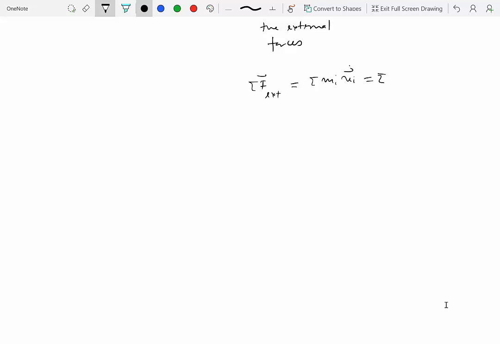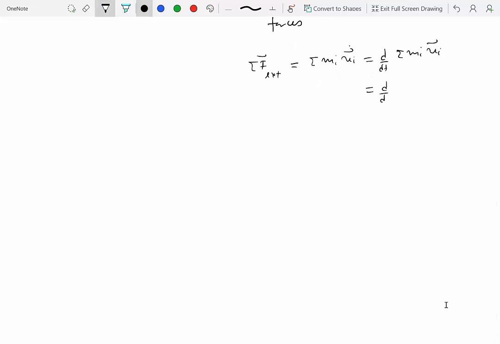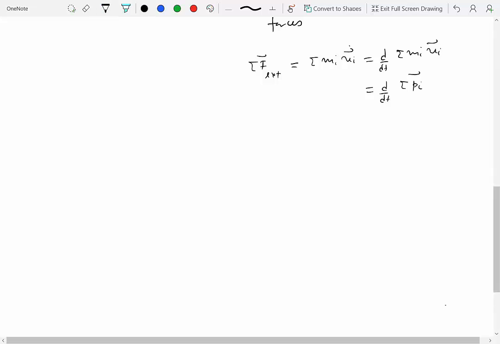Again, if this is a closed system, then this can also be written as d over dt of sigma mi vi, because mass is constant, which is nothing but d over dt of sigma pi, where pi is the linear momentum of particle i. So we sum all the linear momentum vector quantities and take their derivative, and that's the right hand side.